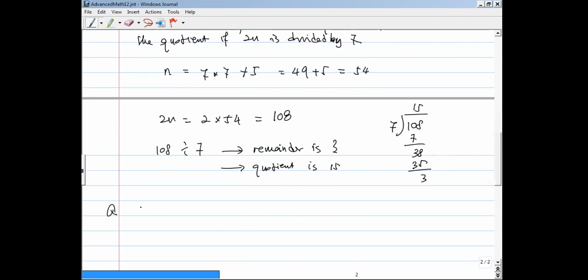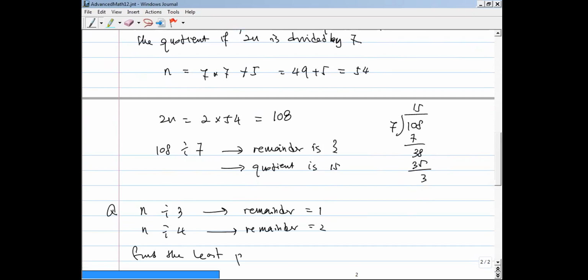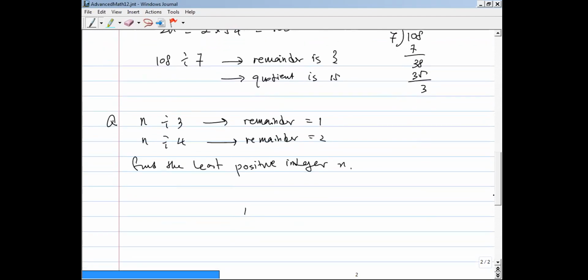This n, if divided by 3, gives you the remainder 1, and if it's divided by 4, gives you the remainder 2. Find the least positive integer n.